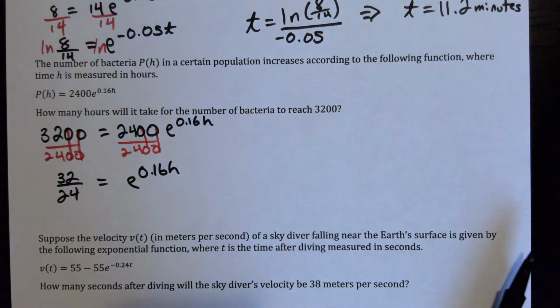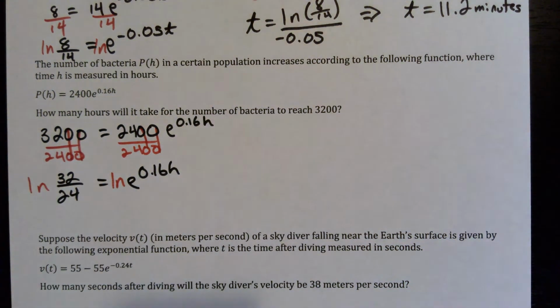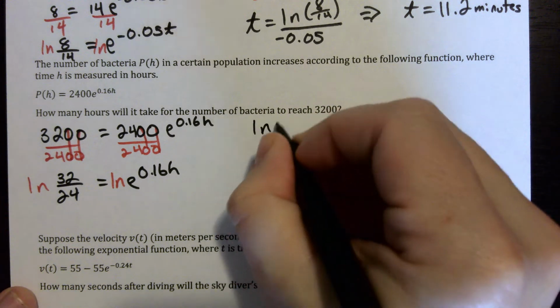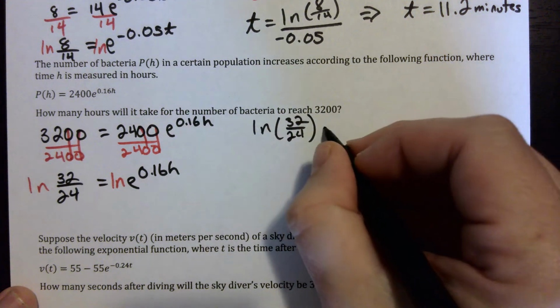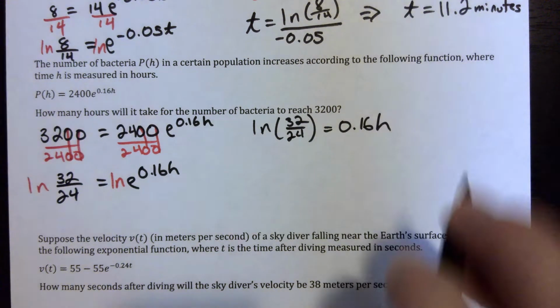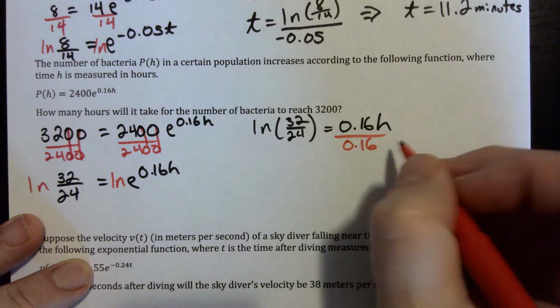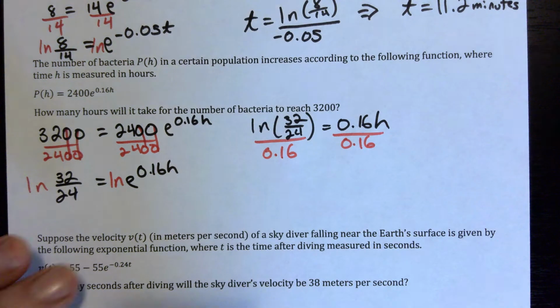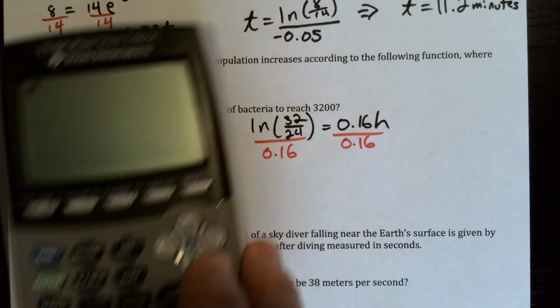We apply an ln, log base e, on both sides, and that gives us ln of 32 over 24 equals 0.16h. If we divide by the 0.16, not the h, just the 0.16, then we can type that into our calculator and get an answer.